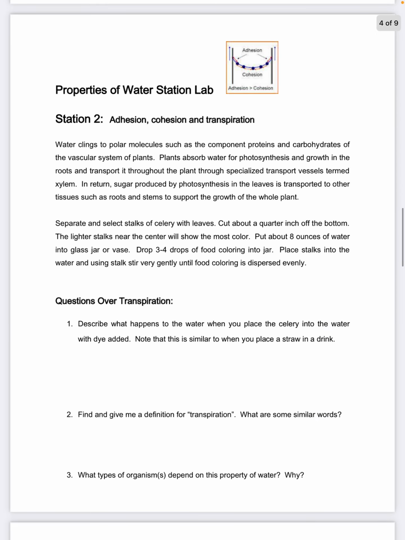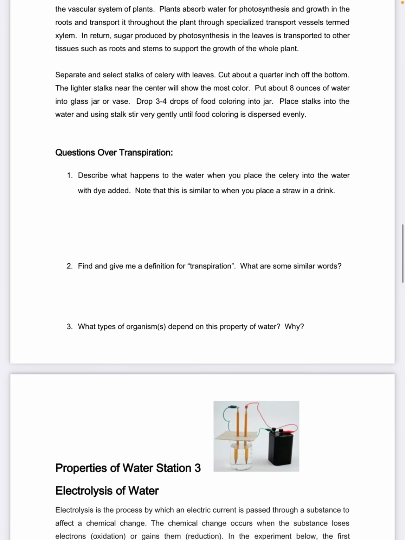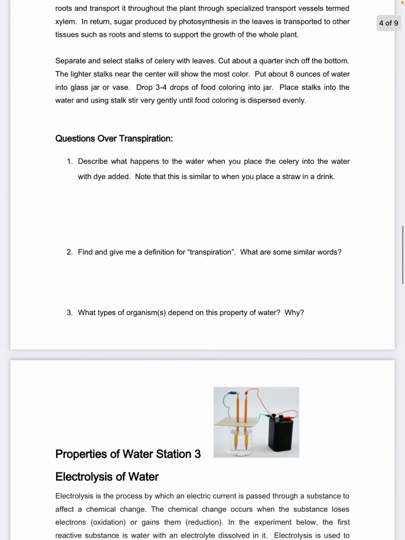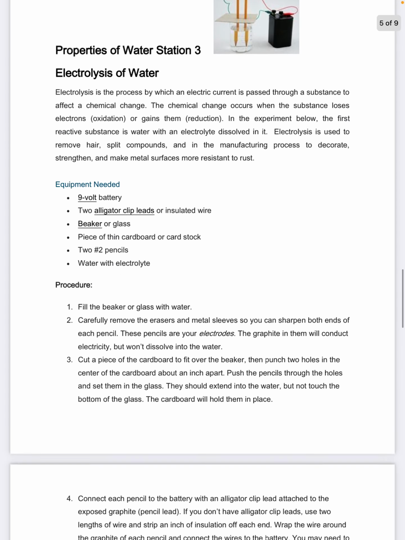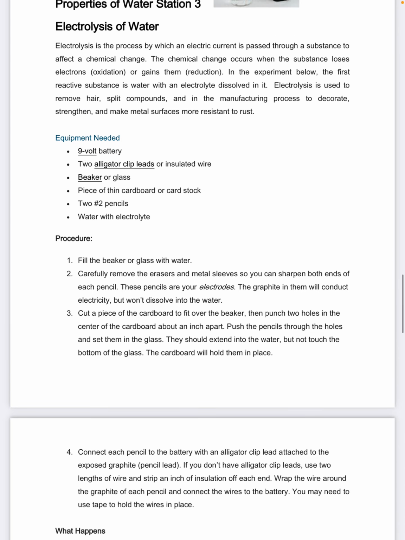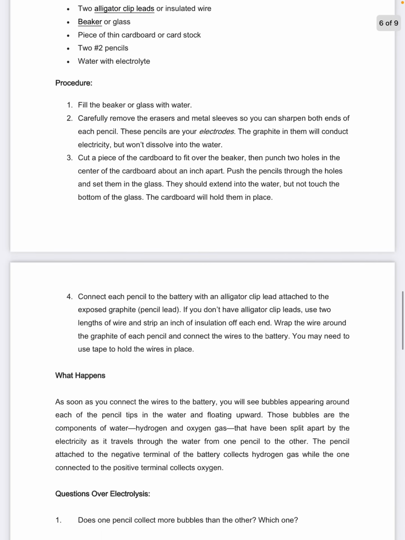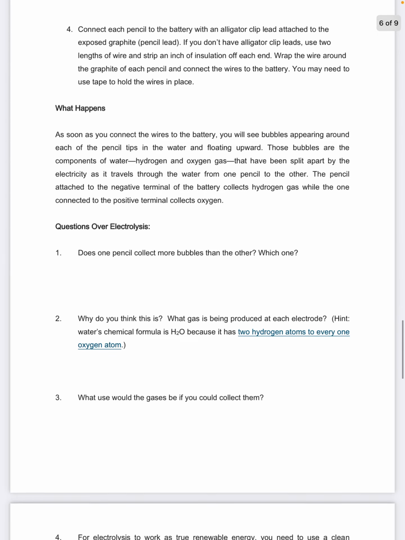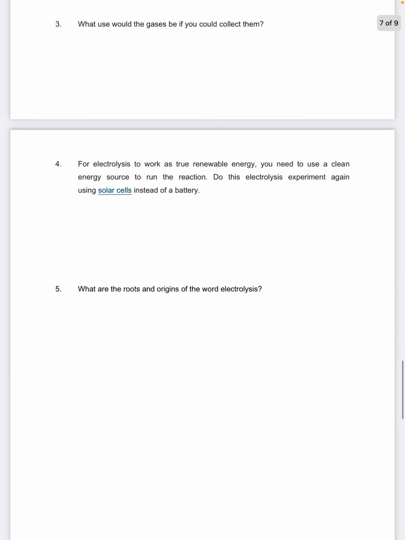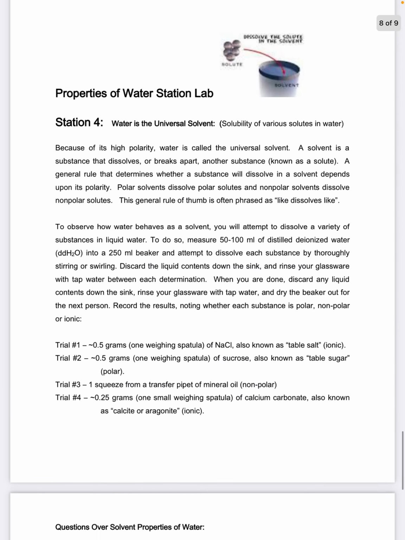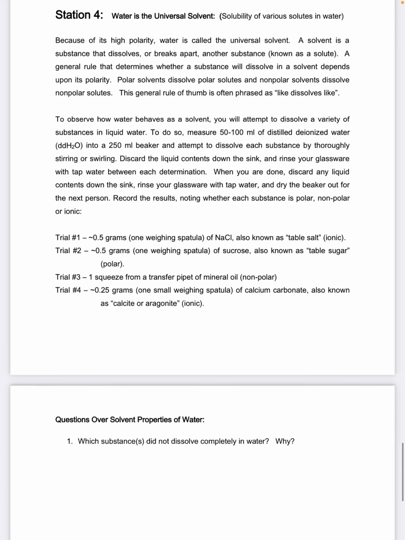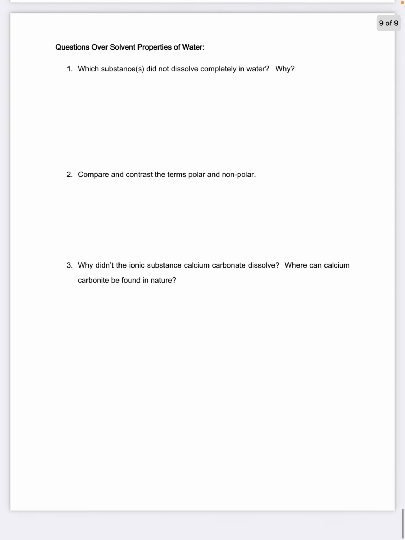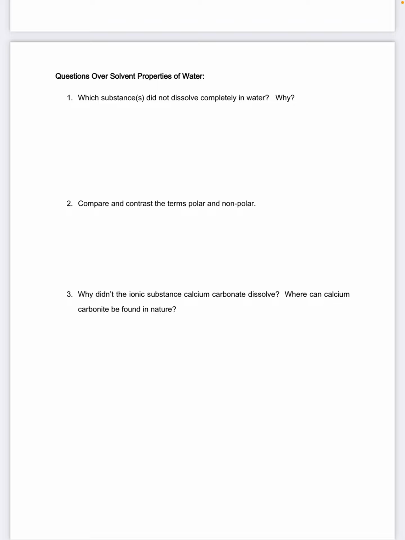We'll look at high heat capacity as well, adhesion and cohesion as relates to the process of transpiration in plants. We're going to look at electrolysis of water, and instead of breaking hydrogen bonds, breaking the covalent bonds in the molecule. And we'll look at the solvent properties of water and what type of chemical compounds it dissolves.